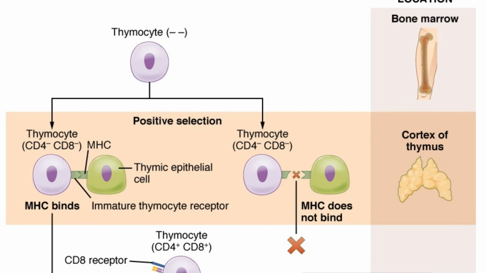This picture only shows two, which is they bind or they don't bind. But it's also possible that T cells will bind to MHC too strongly and not let go, which is just the same as not binding at all as far as this is concerned. So when the T cells properly interact with MHC, they survive this round of testing, so to speak. And if they don't bind or they bind too strongly, they're destroyed.